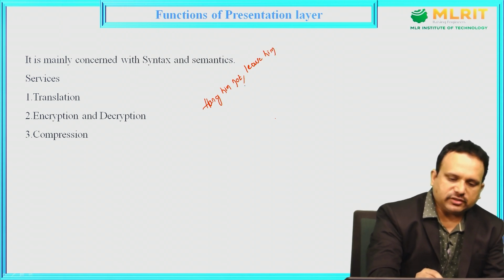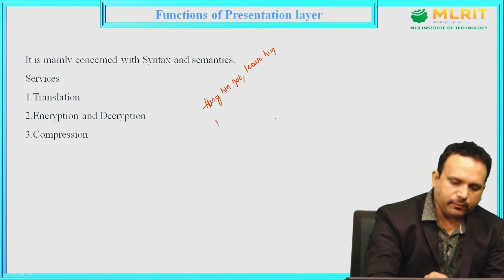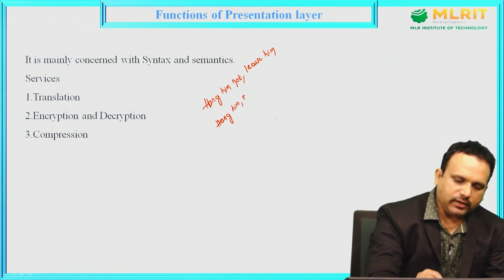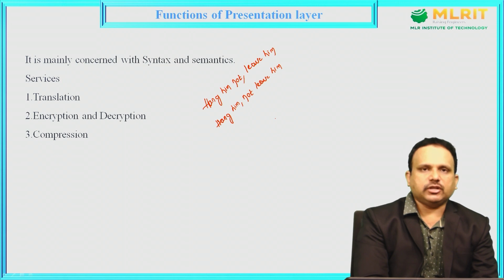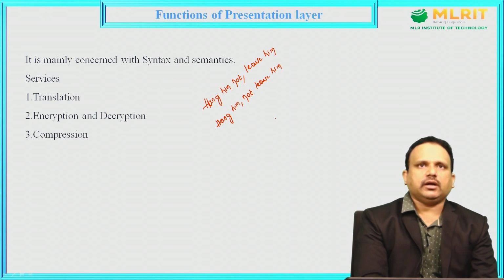So if you just replace this particular comma and if you place like this, hang him, not leave him. So the entire meaning of that particular sentence is going to be changed. So that is why we are mainly concentrating on the syntax and semantics. So how well you are going to present the data, that is the main importance of the presentation layer, right.